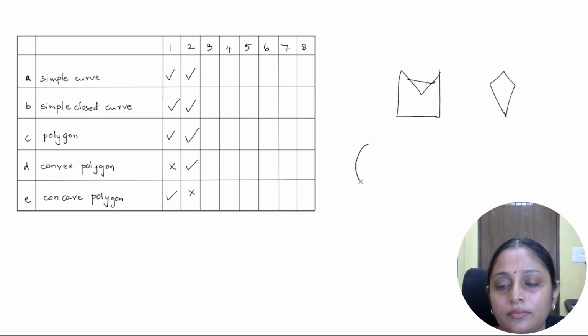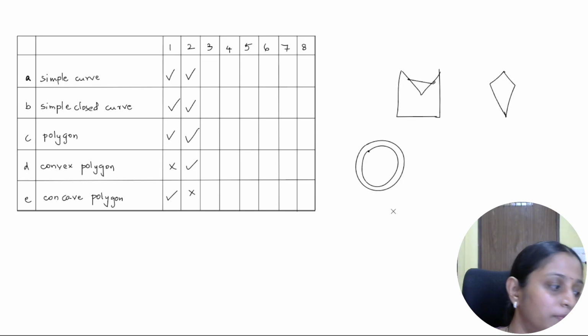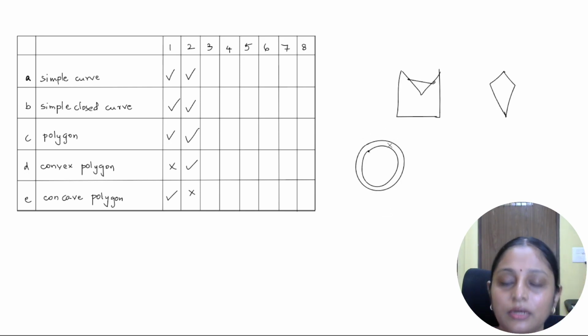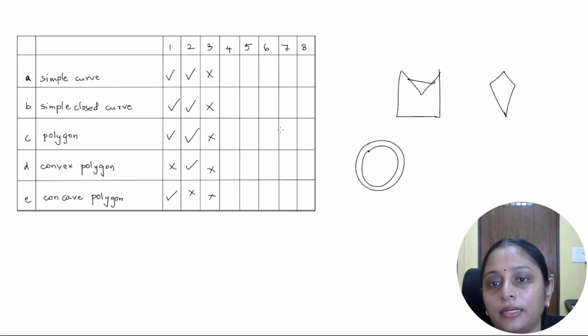Next, coming to the third figure, this is the figure given to us, right? Now here, is it a simple curve? It is not a simple curve in the first place, because you can clearly see that this is not one single curve at all, right? So it does not fit the description for simple curve or simple closed curve or a polygon or convex or concave for that matter, okay?